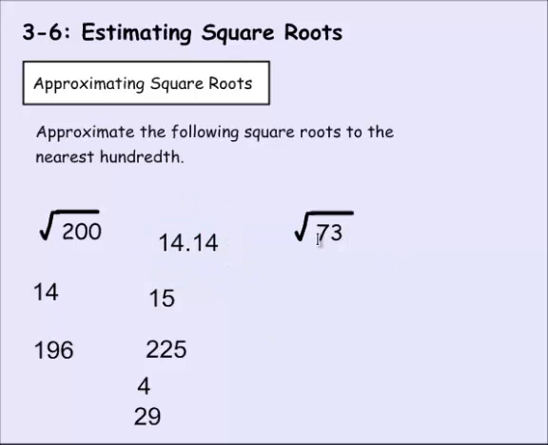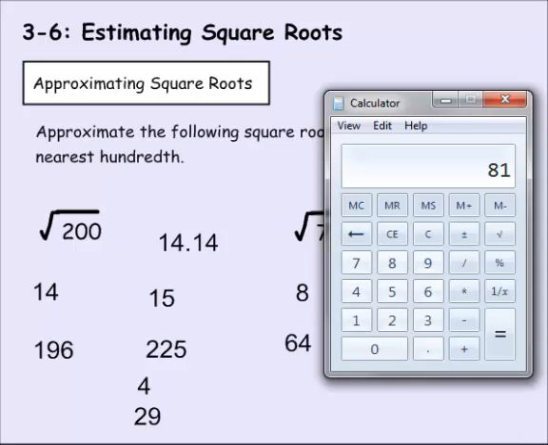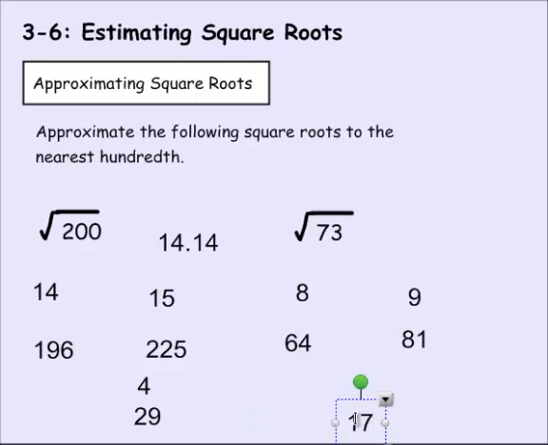Now we have 73. So we're going to do the same thing we did here. I know that 8 times 8 would be 64, and that 9 times 9 is 81. So for the denominator, I need to find the total distance between 64 and 81. 81 minus 64, so that'd be a denominator of 17.